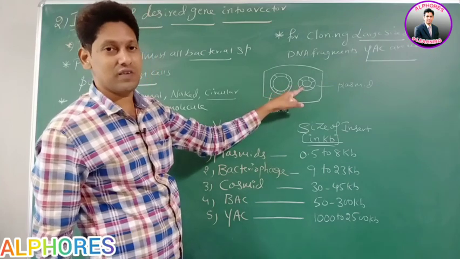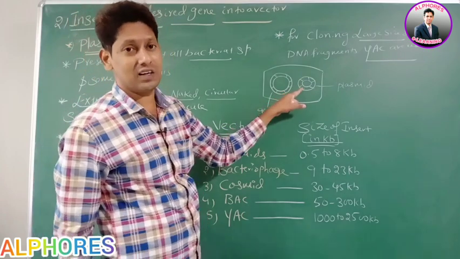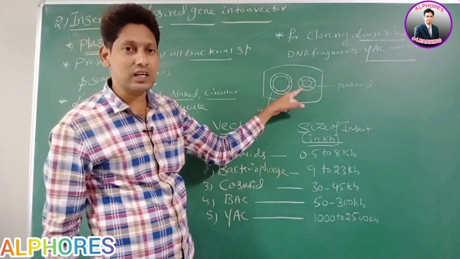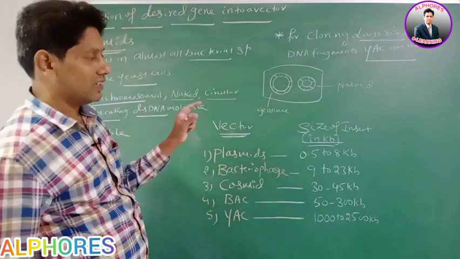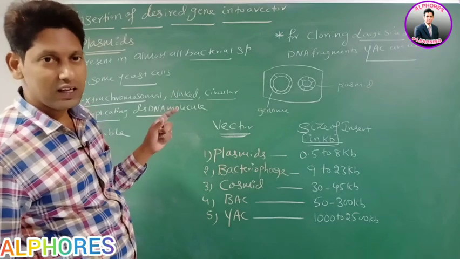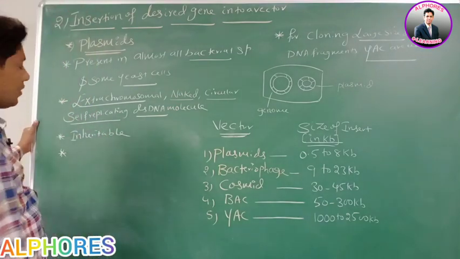Those genes control a variety of biological functions such as unique phenotype characters. What are the characters we'll discuss now. Is it okay? Right. Therefore, sir, we are discussing about what, sir? Plasmid.